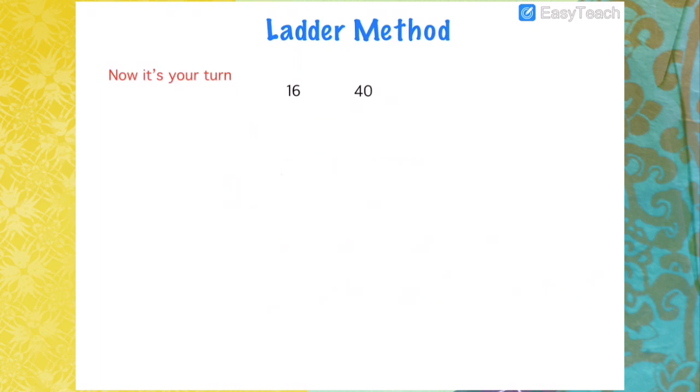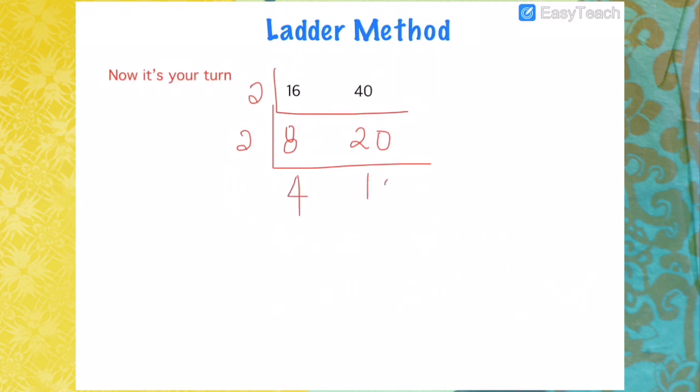Now given 16 and 40, first you have to draw your steps of your ladder, divided by 2. 16 divided by 2 is 8. 40 divided by 2 is 20. Continue to divide it by 2. 8 divided by 2 is 4. 20 divided by 2 is 10.